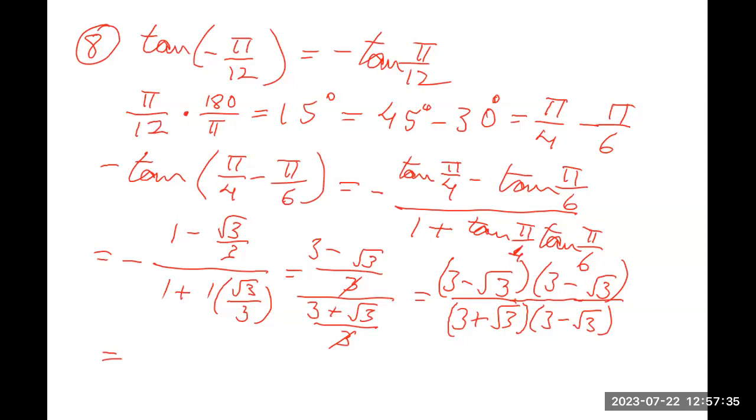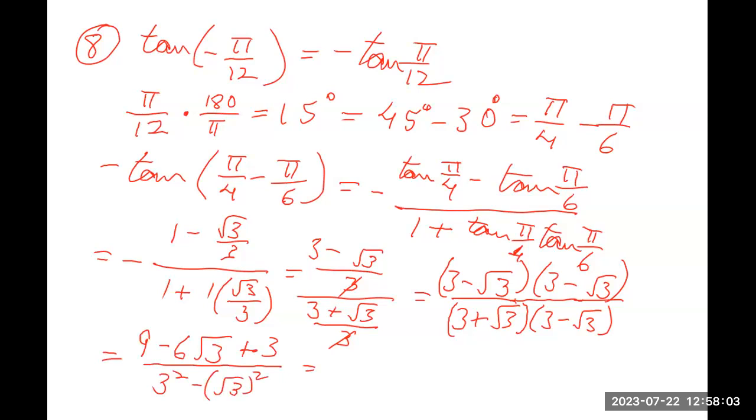3 minus √3 times 3 minus √3 is, when you FOIL it, or it's the square of 3 minus √3. So it simplifies to 9 minus 6√3 plus 3. And in the denominator, you have 3 squared minus √3 squared.